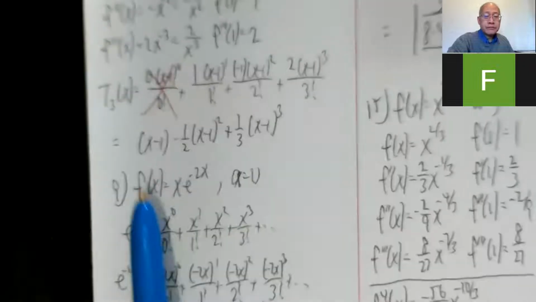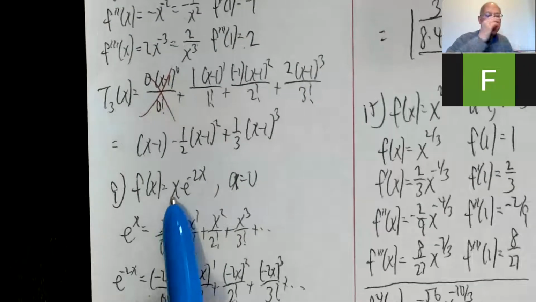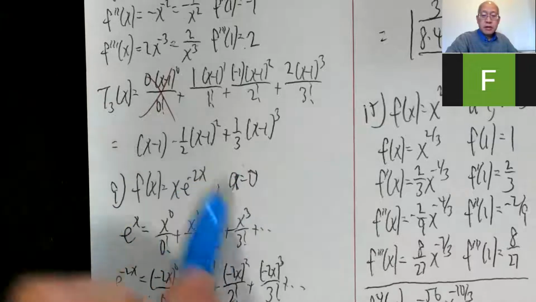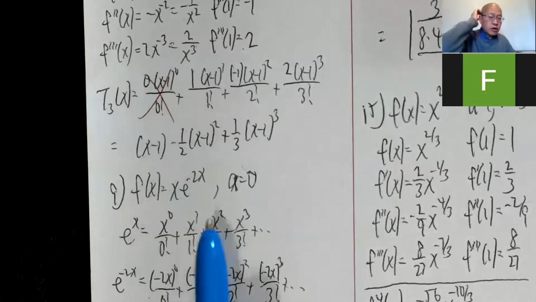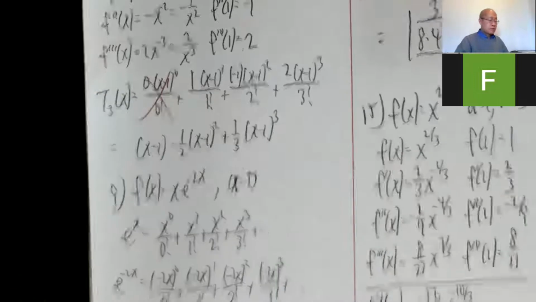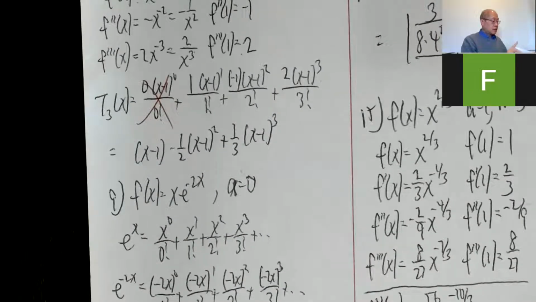Okay, number 9. X e to negative 2x, center at a equals 0. Okay, this is one where we're going back to the Maclaurin series for e to the x. The same page we looked at.